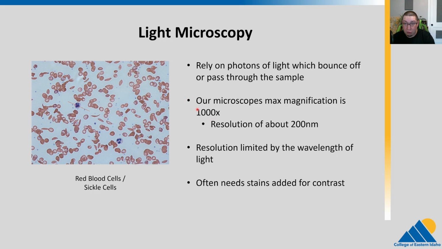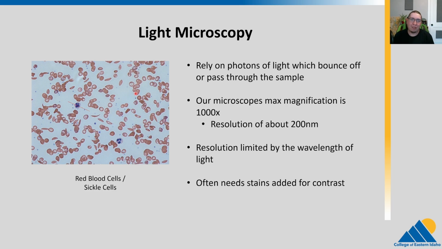That's pretty good, but it's actually not good enough to see certain structures that you might be interested in. The resolution here is going to be about 200 nanometers. That's about 0.2 micrometers. That's pretty good, but again, there are some things that are smaller than that. Particularly in biology, we're concerned with viruses. Viruses are too small to see with a light microscope. That actually makes discovering new viruses very, very difficult.